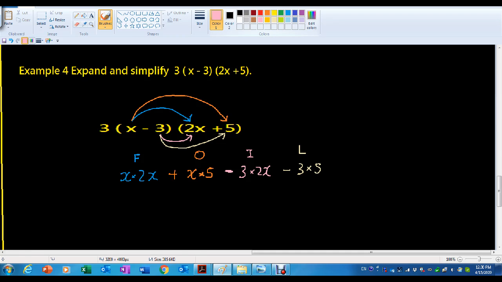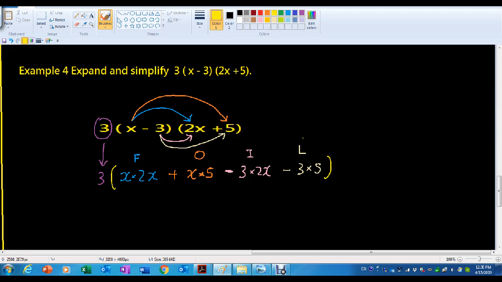So that 3 is still here. How about this 3? Remember, you should still keep that 3 because nothing has been done for that 3. But you can't just write 3 times all these things, right? So what should we do? You should add a bracket.